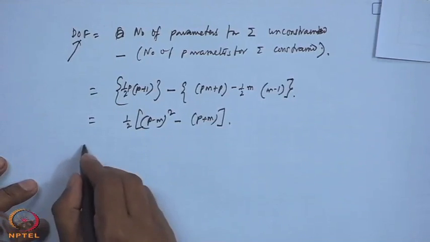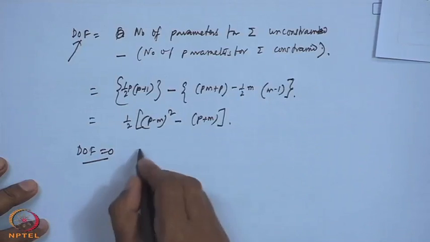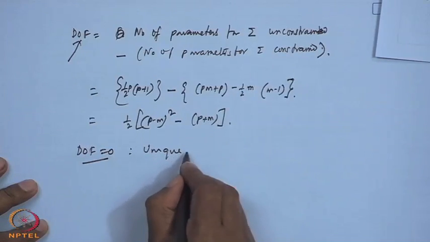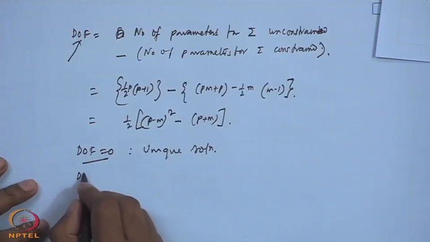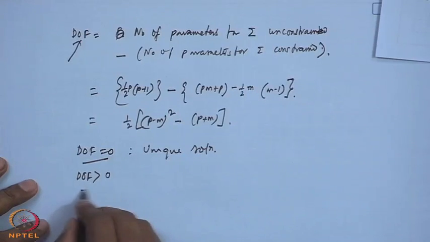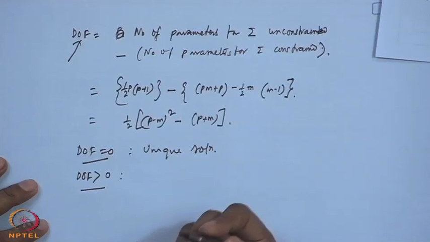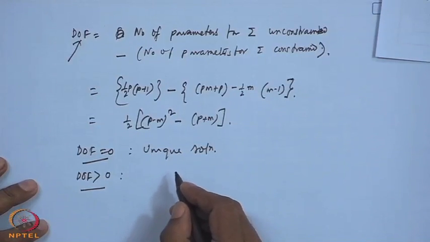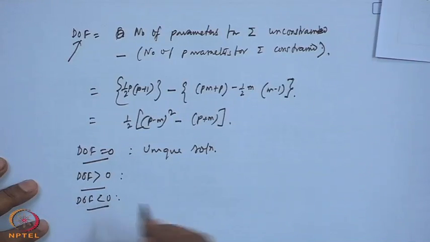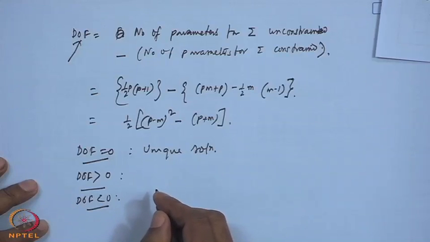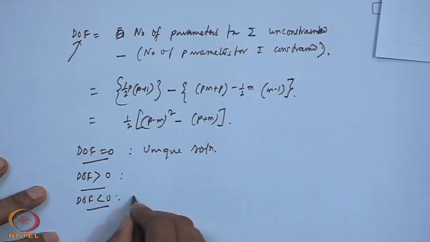Now, if your degrees of freedom, DOF, is 0, you will get a unique solution. If DOF is greater than 0, you have several solutions. And if DOF is less than 0, it is not determined, so we can say the factor model is indeterminate.